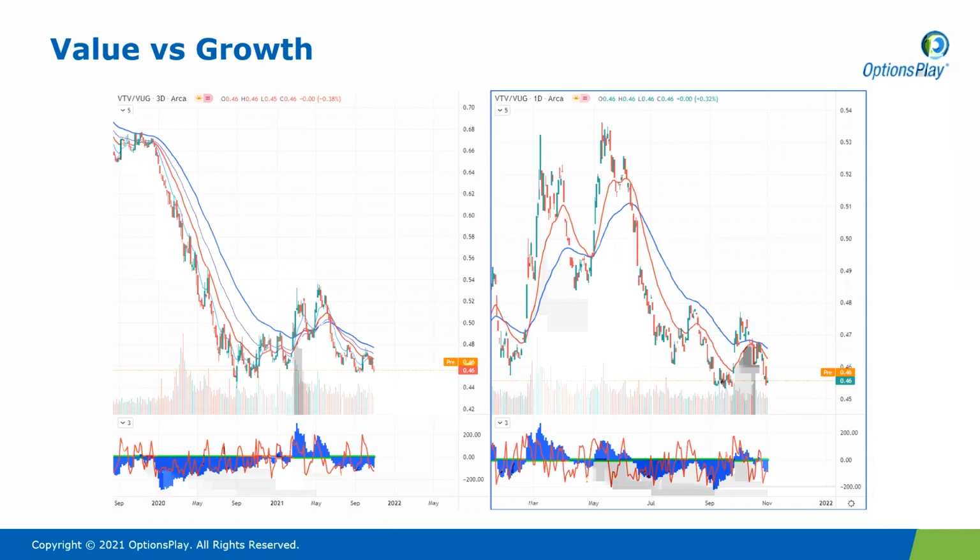Because as monetary policy starts to tighten, investors will look to value stocks over growth. That's why I wanted to highlight this graph, because I think it'll be an important metric, maybe not right now, or maybe not even in the next month or two, but definitely heading into 2022.